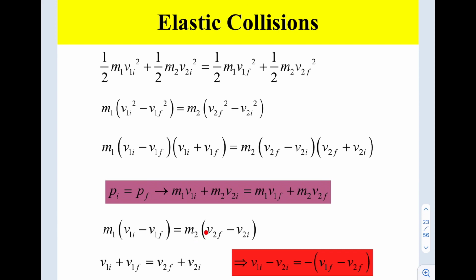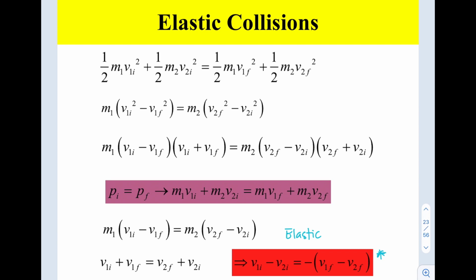You will get this one, and then finally you can have a simplified version, which is equivalent to this. You may memorize this one, please do so. Memorize this final equation, but be careful, this equation is only meant for elastic collision.